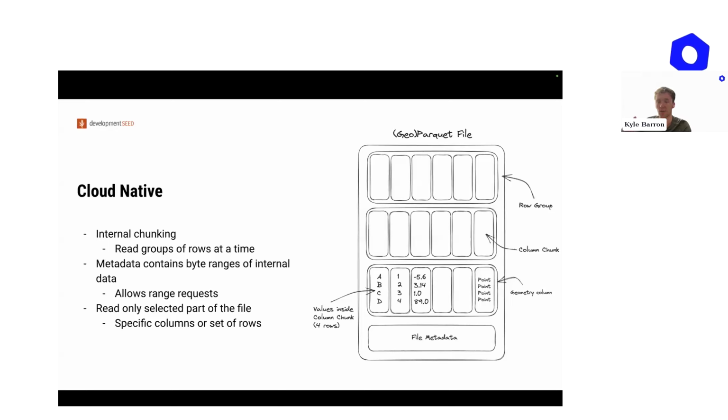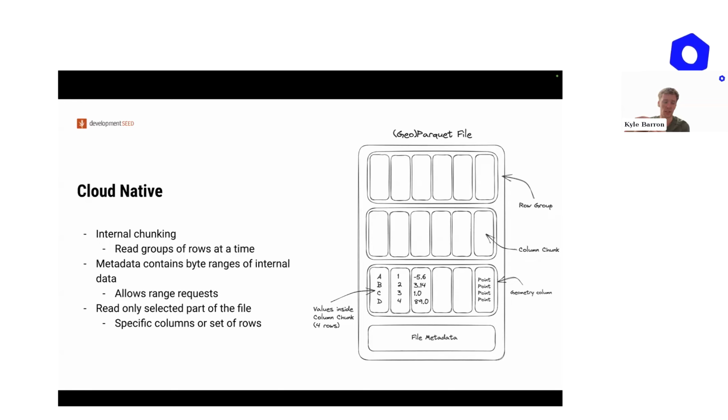And so that is due to the underlying structure of the Parquet file that GeoParquet is built on top of, where Parquet has internal chunking, which means that instead of storing all data for each column in a single contiguous region of the file, it stores all the data for the first, say, 100,000 rows in one big block, and then all the data for the next 100,000 rows in the next block, and so on.